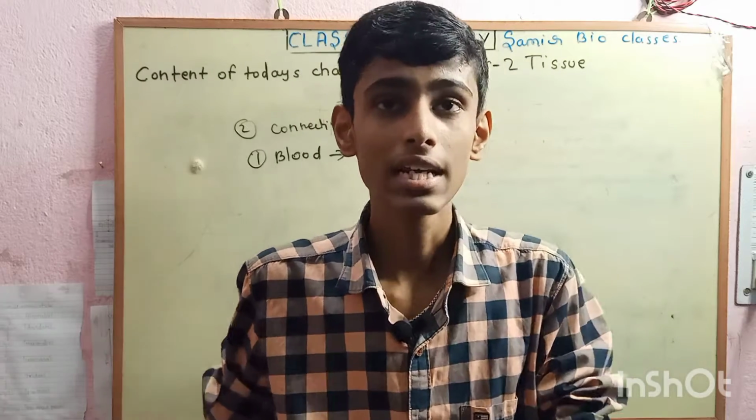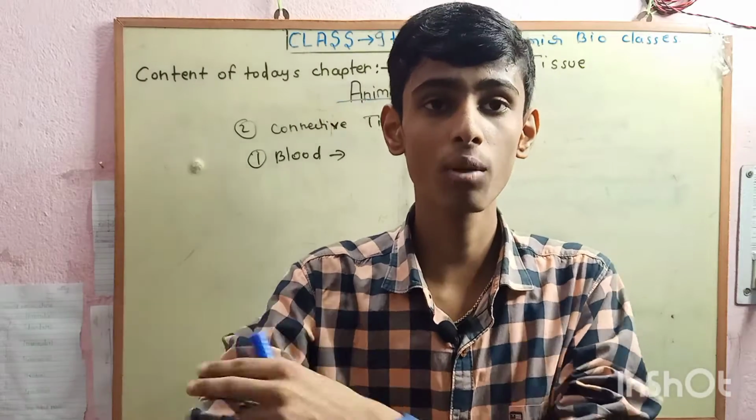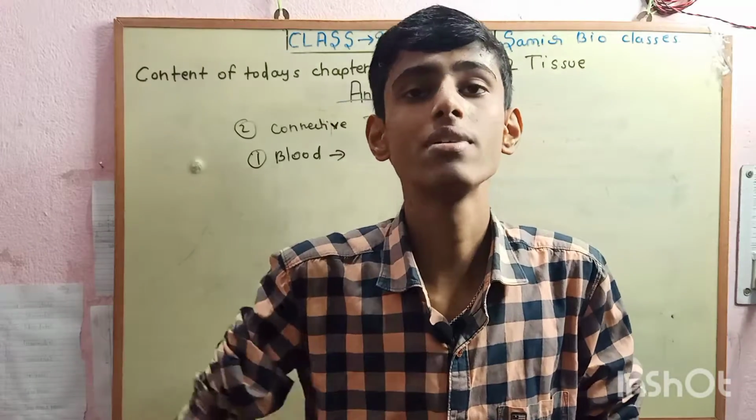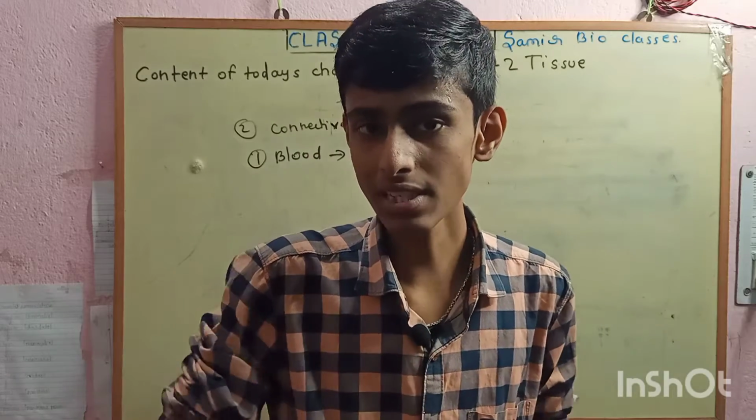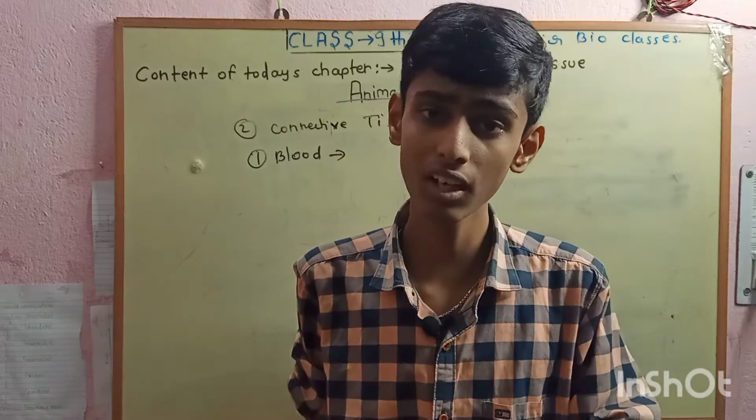Why is the blood red? Because of the presence of RBC. In the RBC there is hemoglobin, which makes the color of blood red. So in blood there is plasma, and inside the plasma there are three components: RBC, WBC and platelets. And what is the function of WBC?